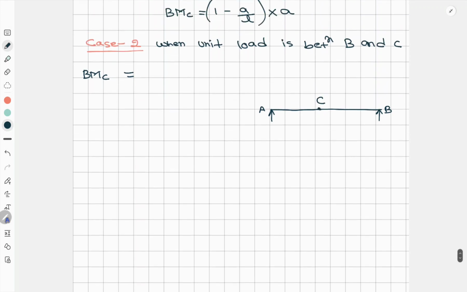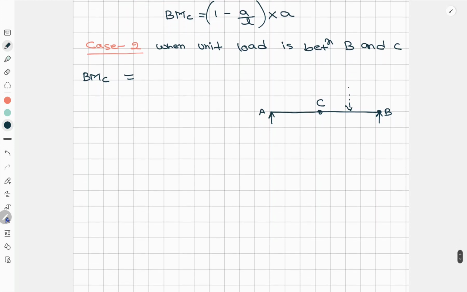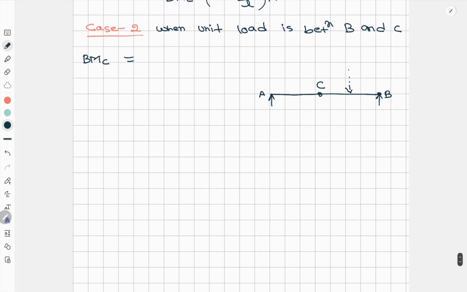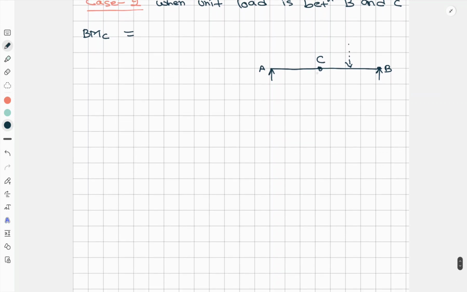Okay, so now it says that when the unit load is between B and C, somewhere here, what will happen? We have to find the bending moment at C. So this is RA, right?